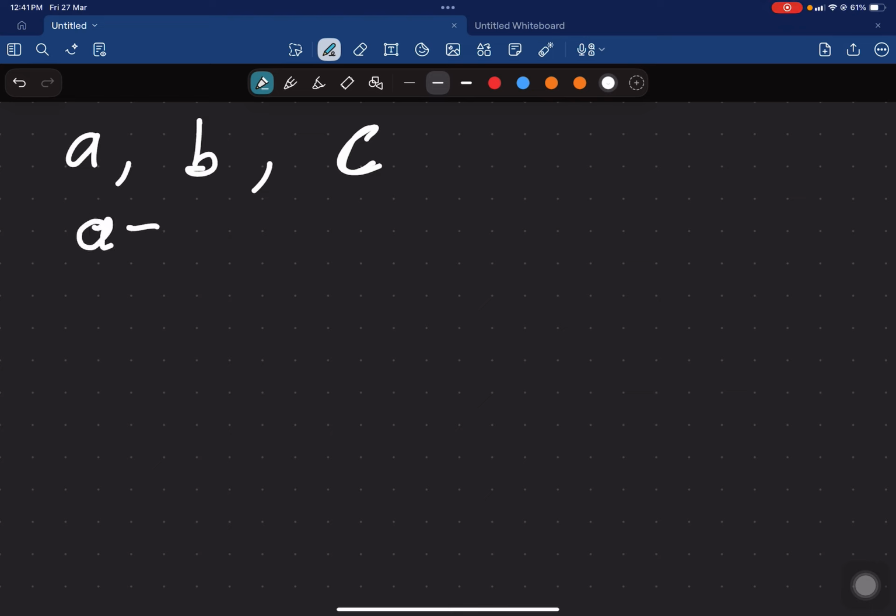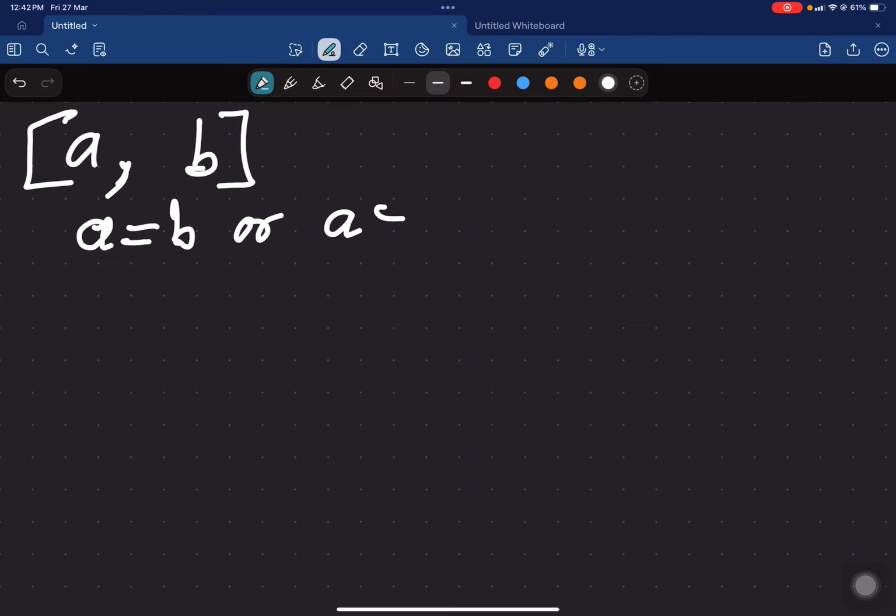Sorry, let me clean this. So let's do it with two natural numbers. The trichotomy law is going to tell us that for these two natural numbers taken, it's either a equals b, or a is greater than b, or a is less than b.